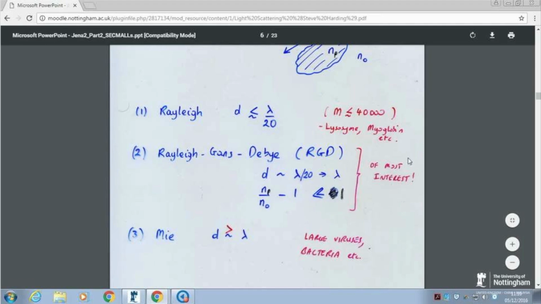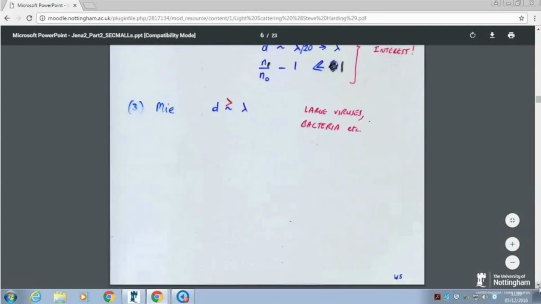This is of most interest to us, really, this and Rayleigh scattering. When you get to particles bigger than the wavelength, such as large viruses, bacteria, bacterial spores, all this sort of stuff, then it's a different type of light scattering called Mie scattering. And the theory is very complex.